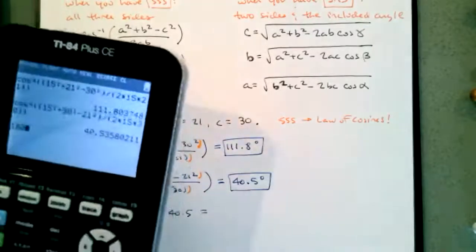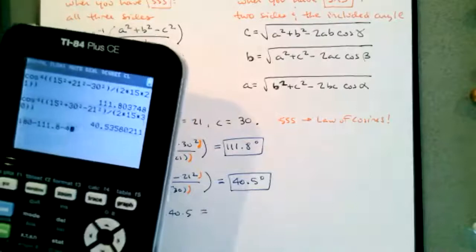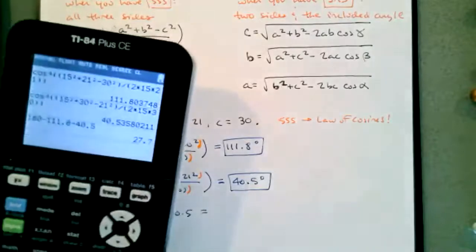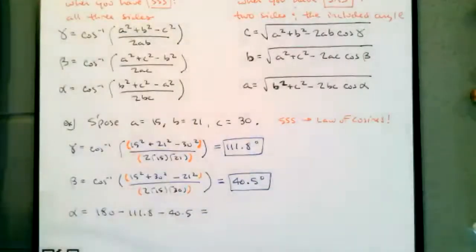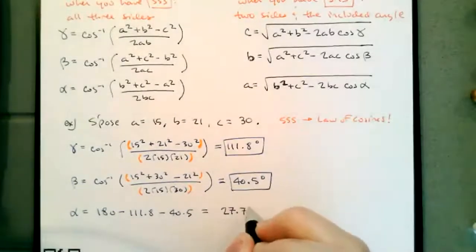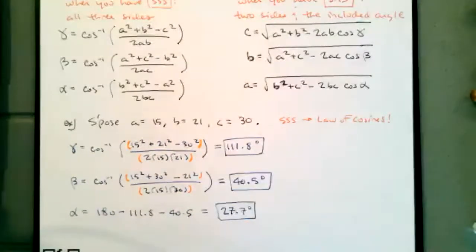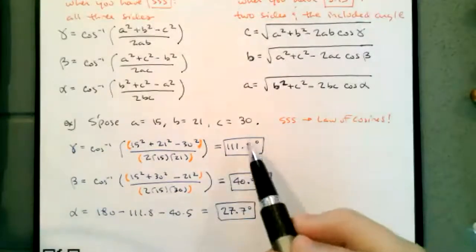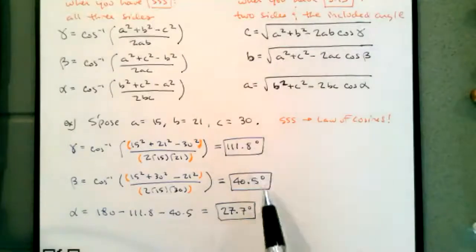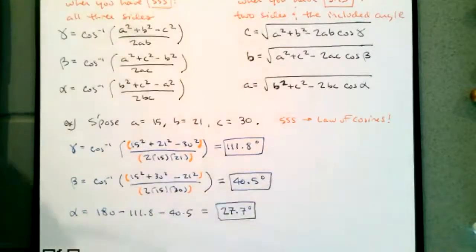So 180 minus 111.8 and also minus 40.5. 27.7. The internal check is that the biggest angle is opposite the biggest side, the middle angle is opposite the middle side, and the smallest angle is opposite the smallest side. So at least this passes inspection.